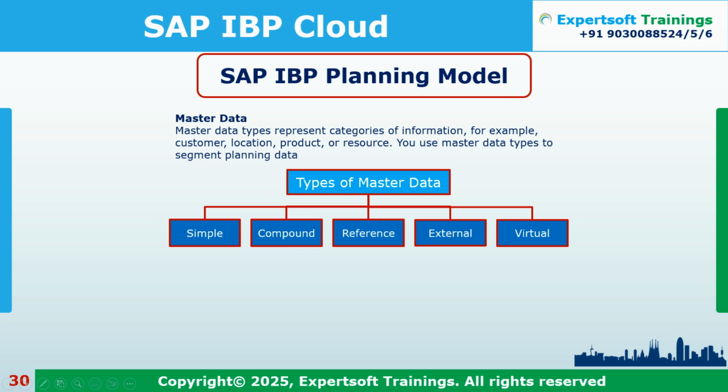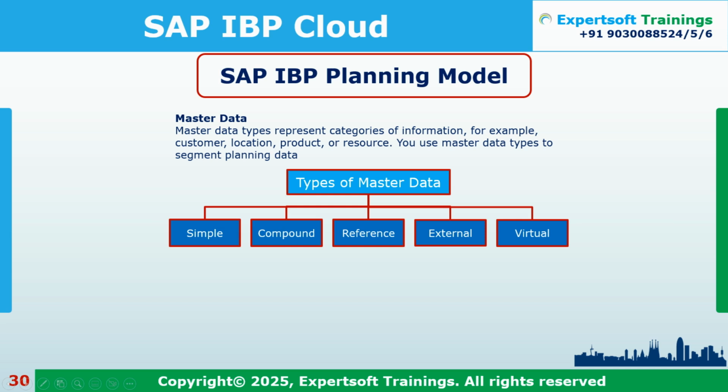One doubt here: if we create a compound master data, it should have two key attributes, and the virtual master data doesn't have any key attributes, is that so? When you are creating the compound master data, it should have key attributes. Suppose you are combining two simple master data, then it should have two key attributes minimum.